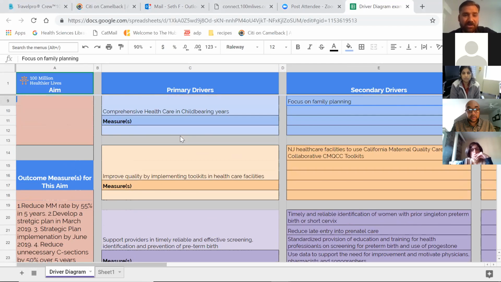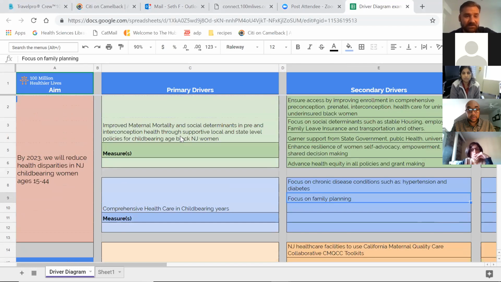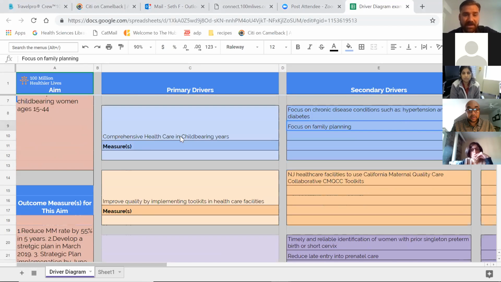What's your reflection on some of those primary drivers? What's good? What might need to be edited?